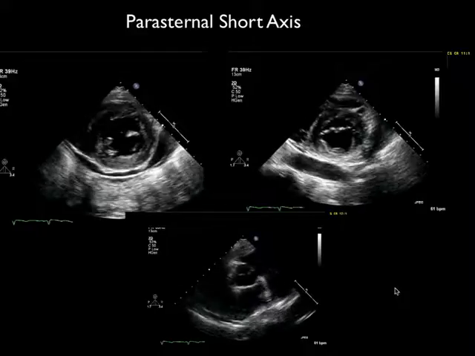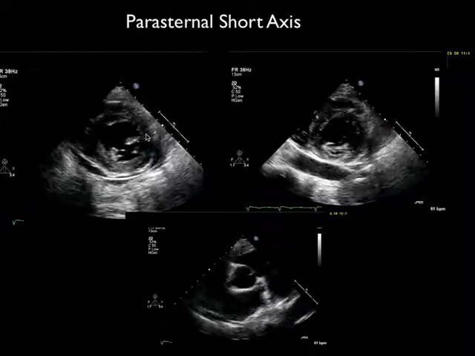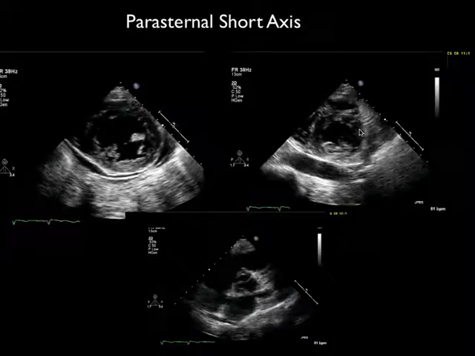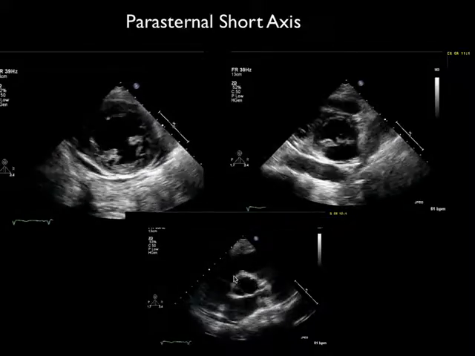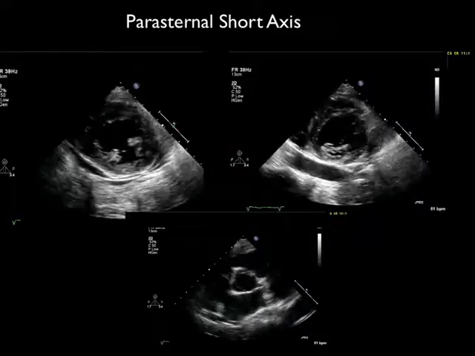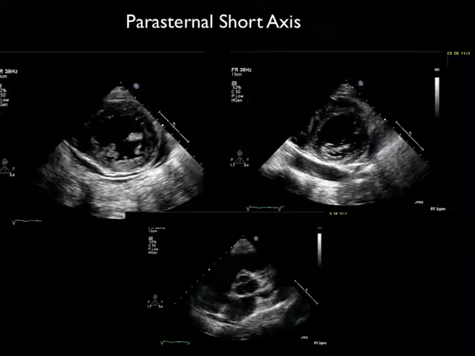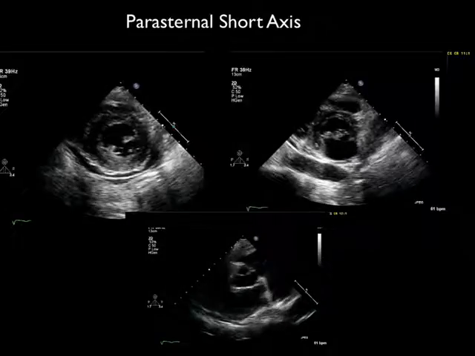Here's just some examples here of the parasternal short axis. This is those papillary muscles I was talking about. And here's that mitral valve or fish mouth view. And then more proximally, we can see the aortic valve there. So it's all the same plane of the heart. It just depends where you cut it as to what structures that you'll see.